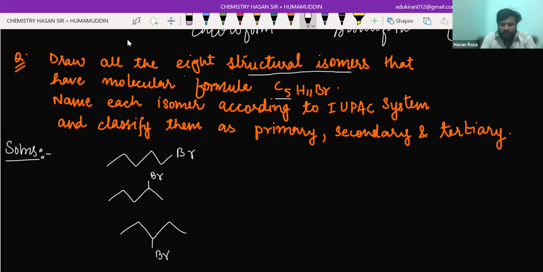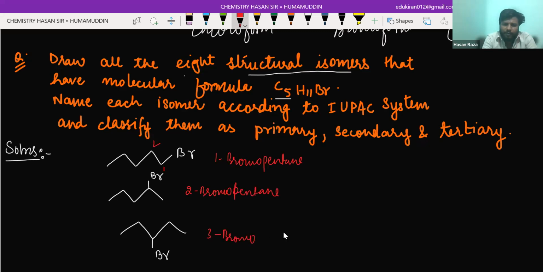So these three are very easy. Basically, are you able to understand this, the bond and structural formula, both of you? Yes, sir. The name is also quite easy. 1, 2, 3, 4, 5. So 1 bromopentane, or you can write directly bromopentane. Then here it will be 2 bromopentane. And then it will be 3 bromopentane.